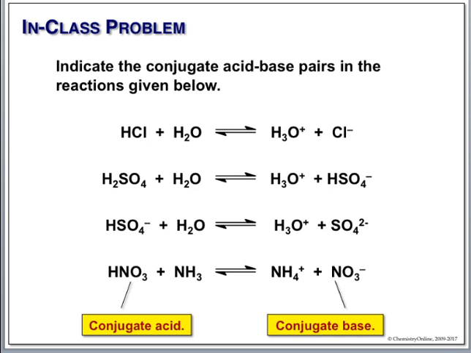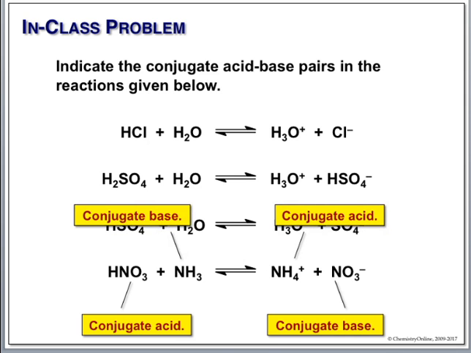So this is the acid, and that means that the corresponding base is this. So think about these as an equilibrium. They go back and forth and back and forth. You can do it forward and reverse.